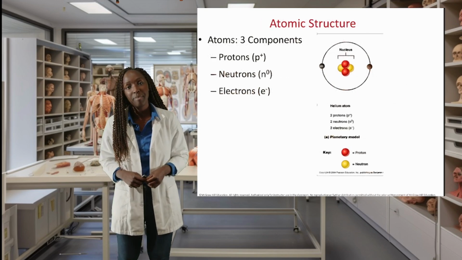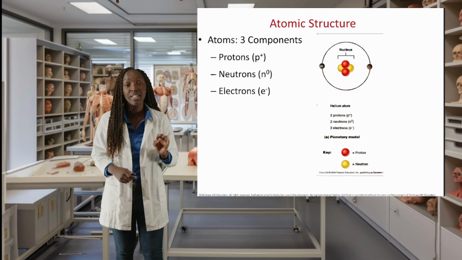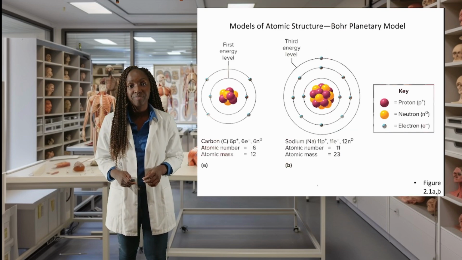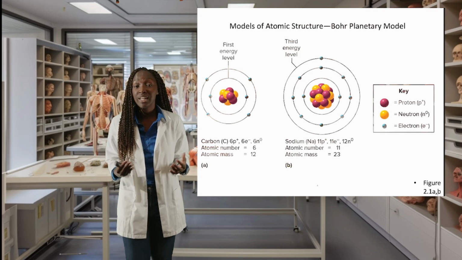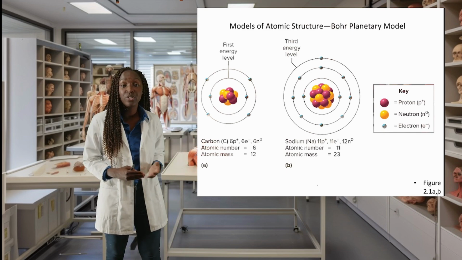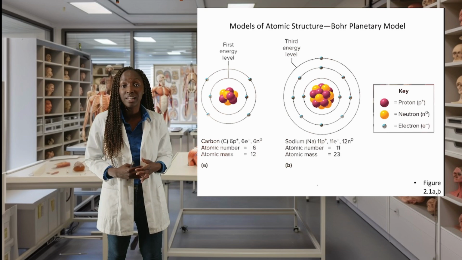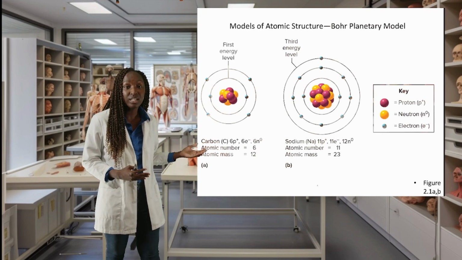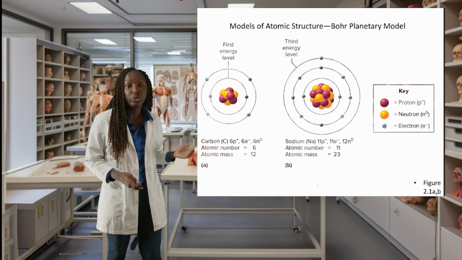So let's look at the atomic structure. Atoms have 3 separate components: protons, neutrons, and electrons. We use, in this case, planetary models to show the differences in the number of protons, neutrons, and electrons for each of the different elements. As we can see here, we have a different number of those for carbon than we do for sodium.